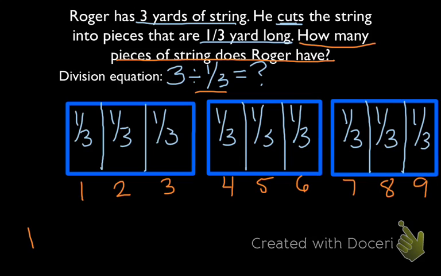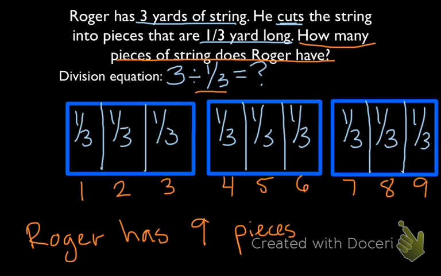So how many pieces of string does Roger have? Roger has 9 pieces of string. So we'll change that here. Roger has 9 pieces of string, and each string is 1/3 of a yard long.